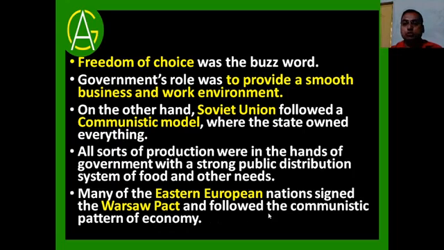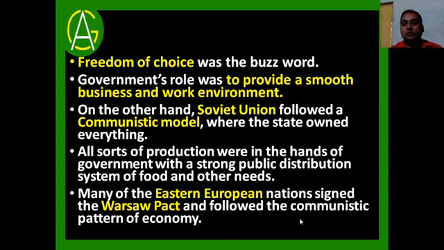That means all those members which signed the Warsaw Pact, which signed the agreement in Warsaw, accepted to follow the socialistic or communistic model for business development or economic development.